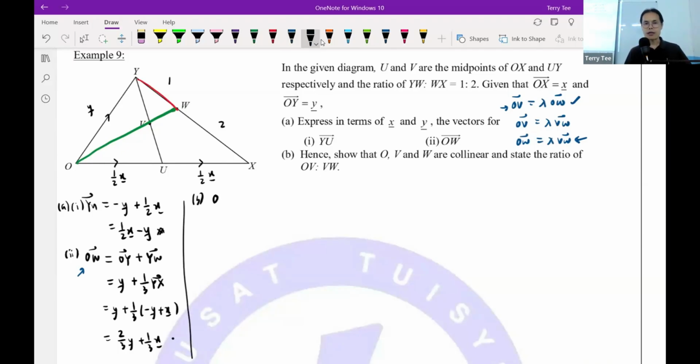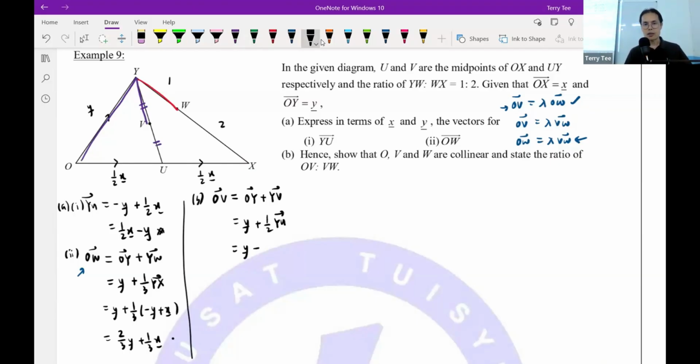We first need to find what is OV. To go from O to V, we can go O to Y, Y to V. It is already given V is a midpoint. These two are equal length, right? So we can say your OV is OY plus YV. OY is Y, YV is half of YU.